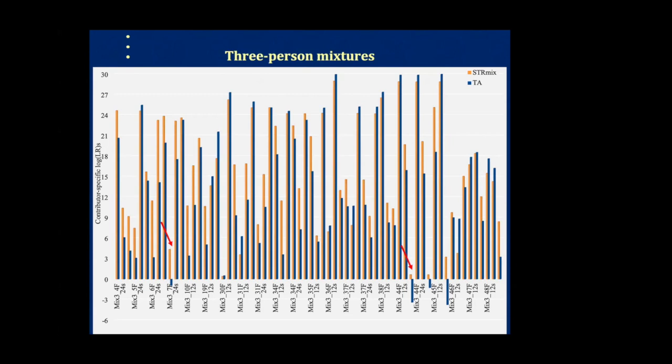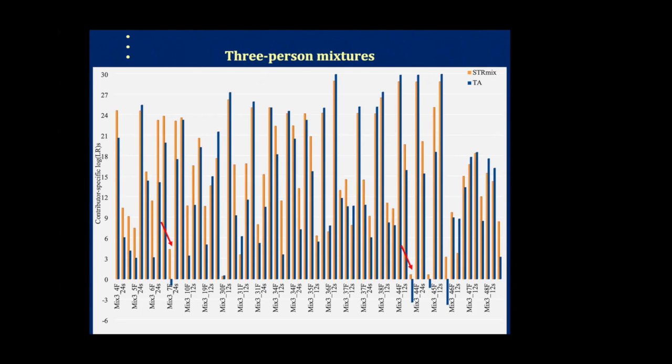Mix 37F, this lower level contributor, is in the positive inclusionary range for STRmix and inconclusive for TrueAllele. Mix 344F is inconclusive for STRmix and slightly exclusionary for TrueAllele.